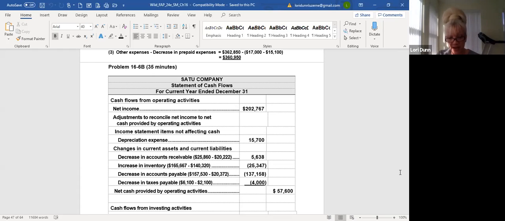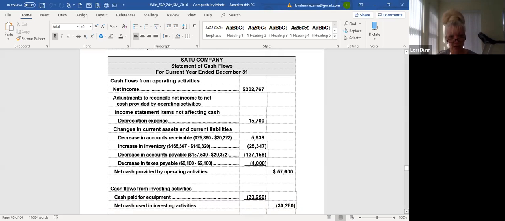So let's see if that is why the account increased. And if you do the math, yeah. If you add $30,250 to the $77,500 beginning balance, that gives you the ending balance. So we've identified the only transaction that affected equipment during the year and how cash was affected.